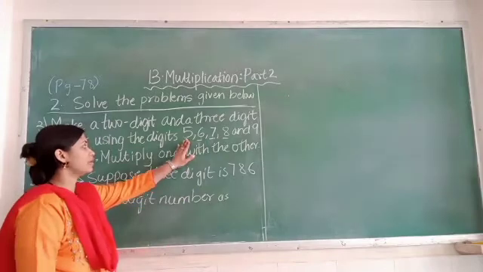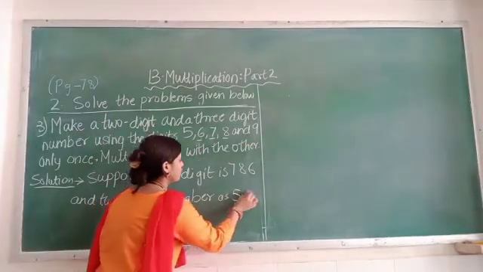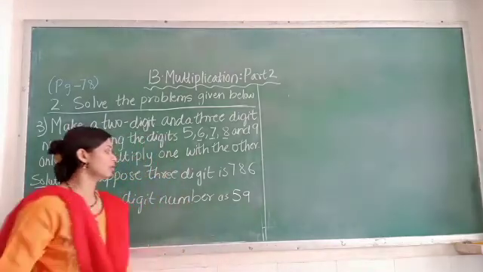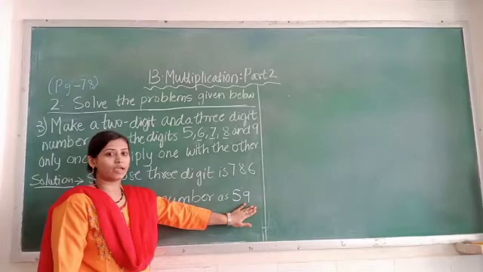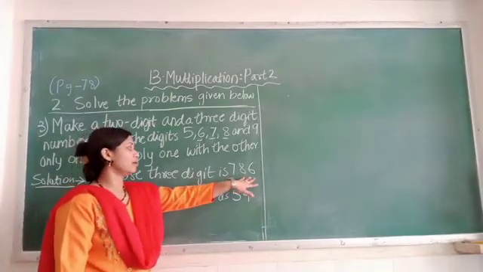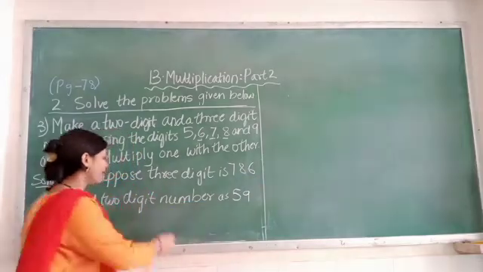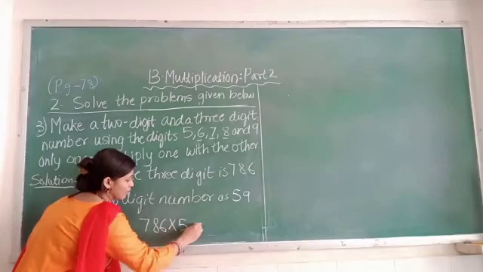Now which numbers are remaining? 5 and 9. So let us take 59 as the 2-digit number. Here we have taken 786 as the 3-digit number and 5 and 9 as the 2-digit number. That means 786 multiplied by 59.